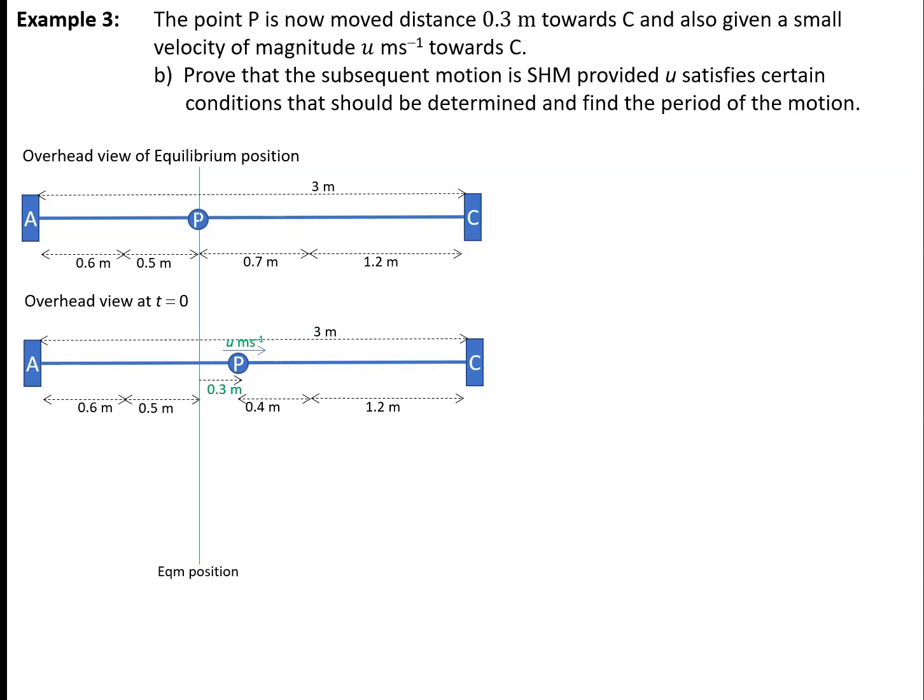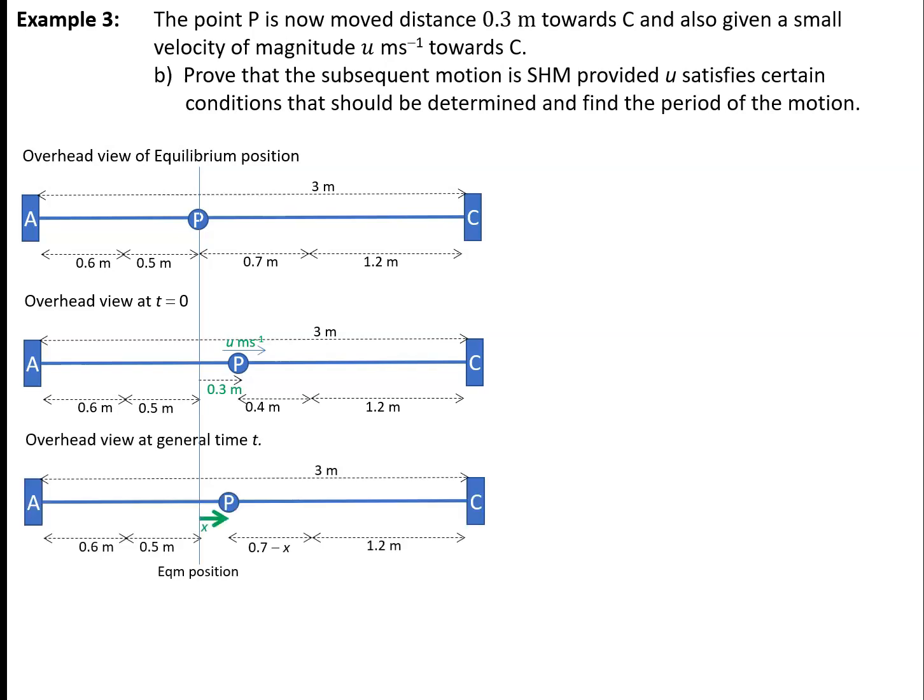And then we're going to show the diagram at a general time t, and we'll suppose that at that general time t, the particle P is x meters to the right of the equilibrium position. Remember, we've always got to measure our displacement away from the equilibrium position. Once we've marked that as being our positive direction for the displacement, that is also the positive direction for the acceleration.